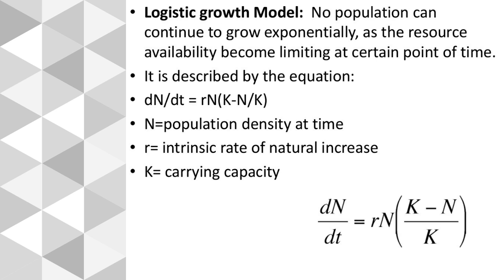For a given area, that allows only a certain limit of population to continue, because when the size of population increases, other factors limit the growth. That is a limiting factor, and that is the carrying capacity.